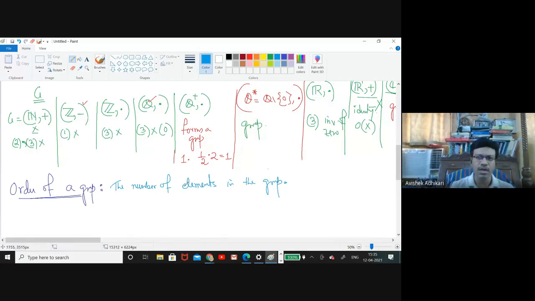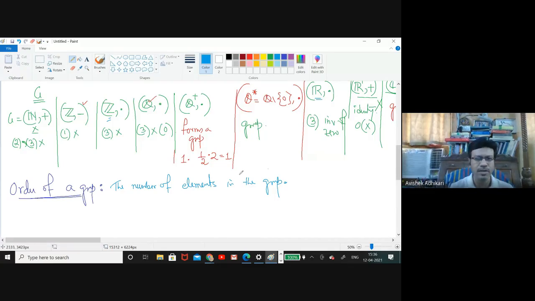Now, among these infinite things, have you started with cardinal numbers? Any idea about cardinal numbers? For example, if you consider Z and R, both contain an infinite number of elements, right?